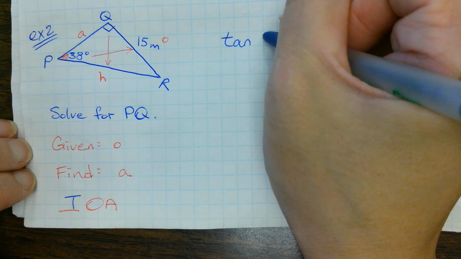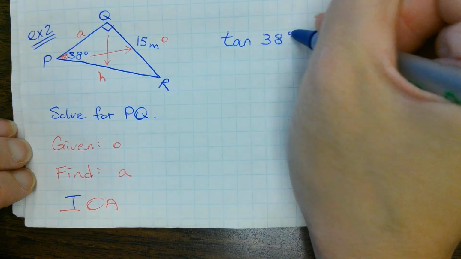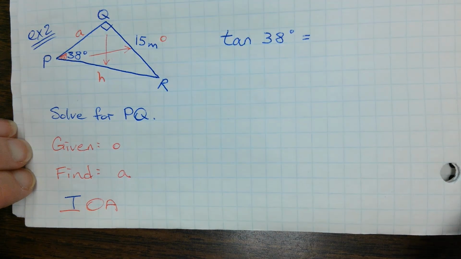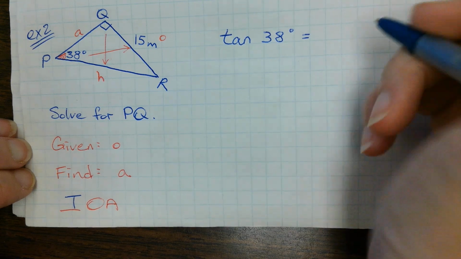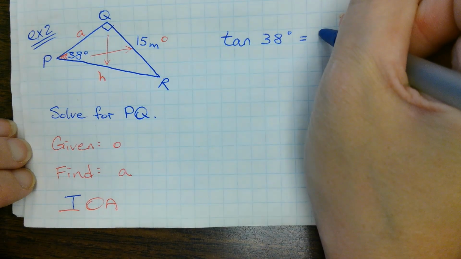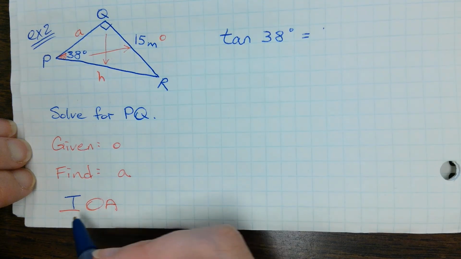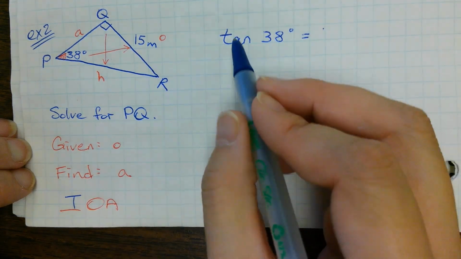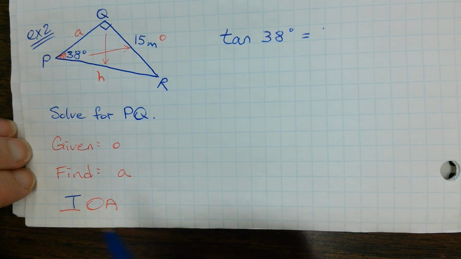Do we know the angle? Yep, 38 degrees equals what over what? Yeah, there you go. R over... okay, TOA. Tangent is opposite over adjacent.